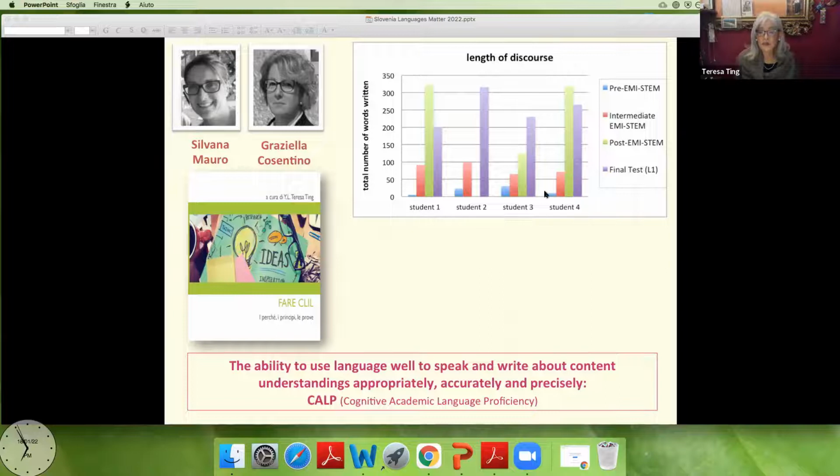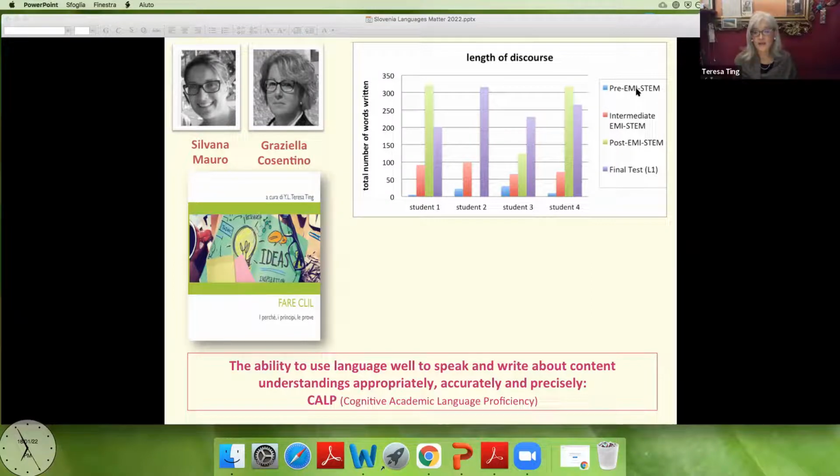Now, this is what they did. This is before they basically use these types of strategies to help their technical students in the technical high school learn about cheese manufacturing, okay? Before the test, before the EMI, English Medium Instruction, they basically was just translanguaging, okay?